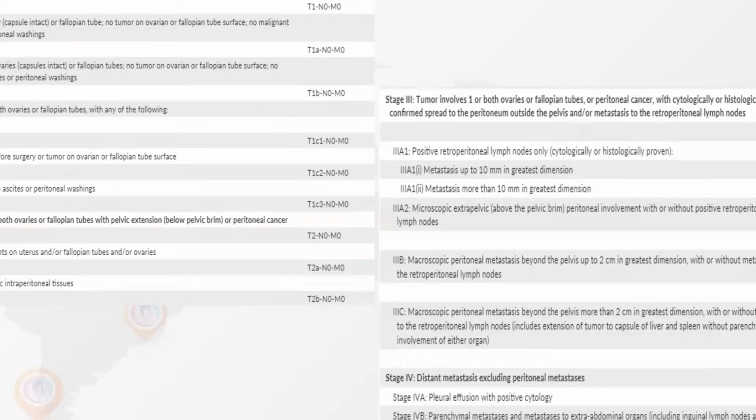So please remember that in case the tumor just extends to the capsule of the liver or the capsule of the spleen without any parenchymal involvement of any of the organs, then it is still staged as 3C. Only parenchymal involvement will upstage it to stage 4B. Okay.